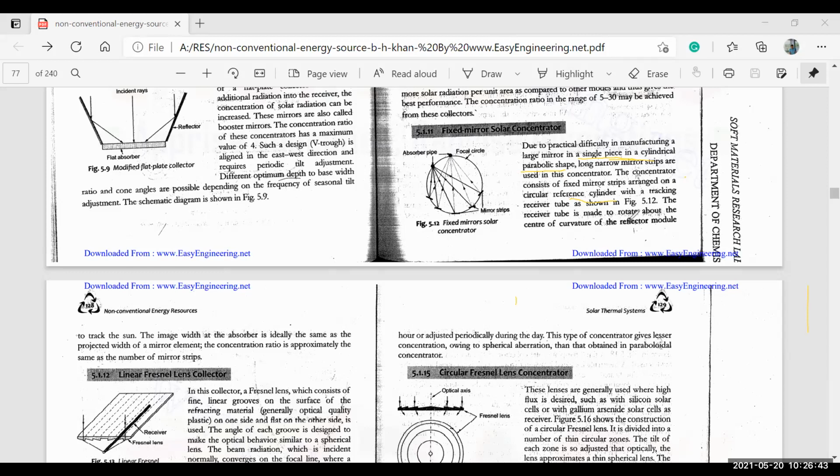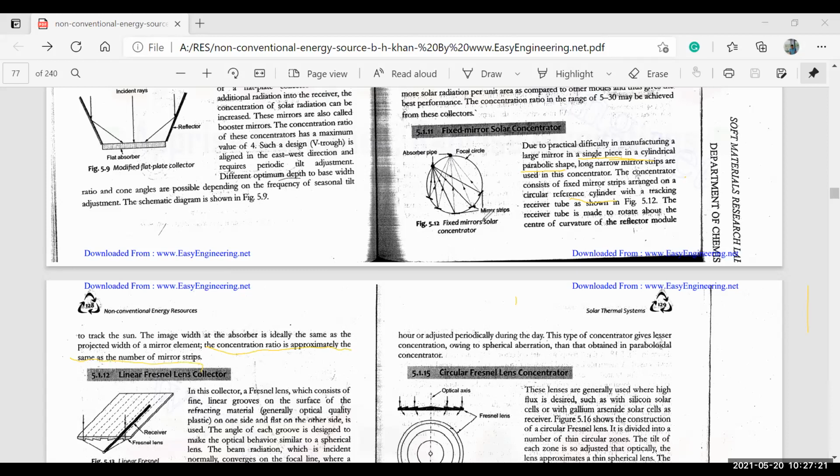The receiver tube is made to rotate about the center of curvature of the reflector module to track the sun. The image at the receiver is ideally the same size as the projected width of a mirror element. The concentration ratio is approximately the same as the number of mirror stripes.